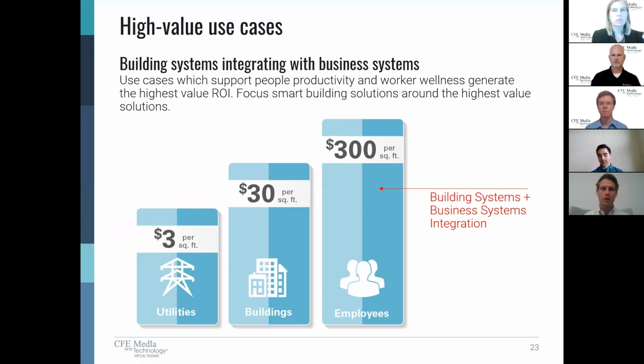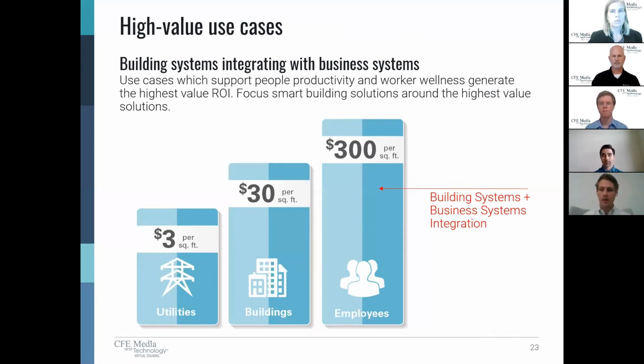Where we see the largest impact, in a general sense for the owner, is by linking your traditional building systems with the business itself. And that's where we see the greatest impact for employees, which are oftentimes the largest resource for an organization. So that's where we talk about engaging multiple different types of stakeholders now, because we're really looking at how we're integrating between the business itself and the building to support that business.